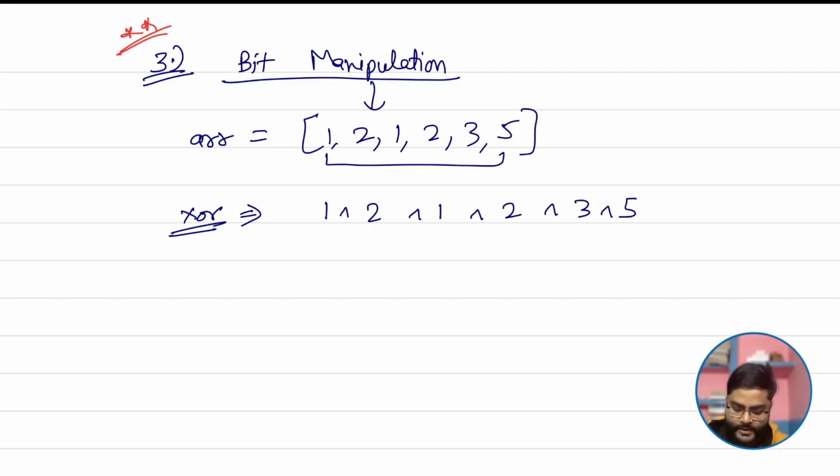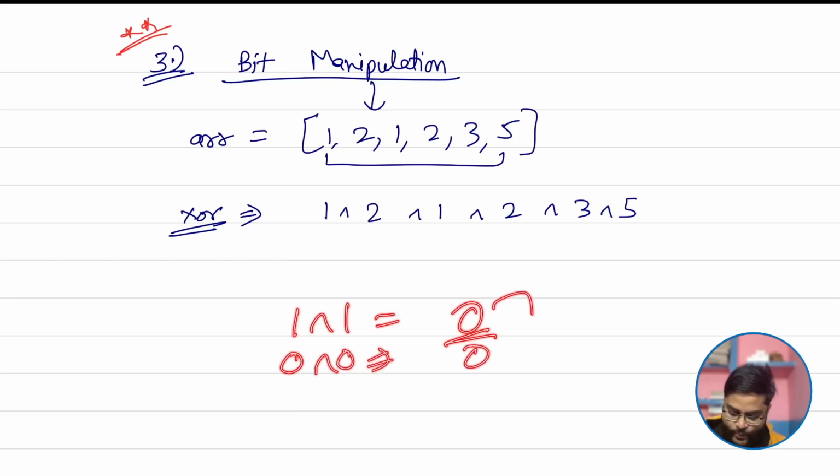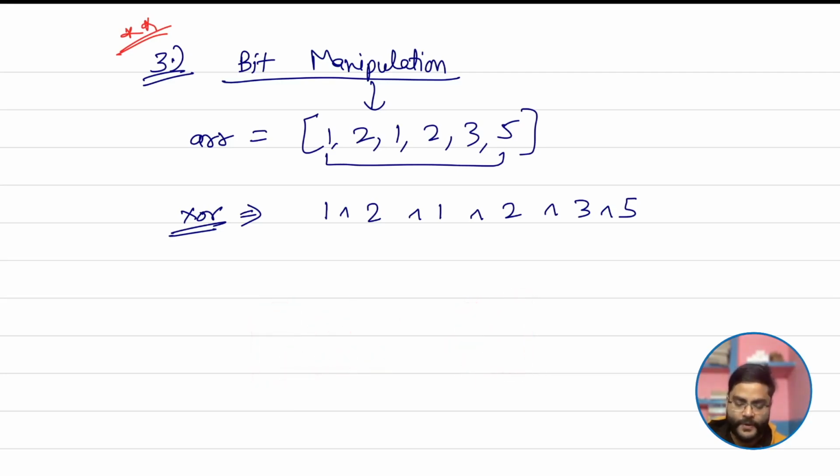What will happen? See, we know the property of XOR, right? XOR says that if two elements are the same, 1 XOR 1 will return 0, and 0 XOR 0 will also return 0. Same gives 0, different gives 1. So 1 XOR 1 will be 0, and the remaining 2 XOR 2 will also cancel out and be 0.